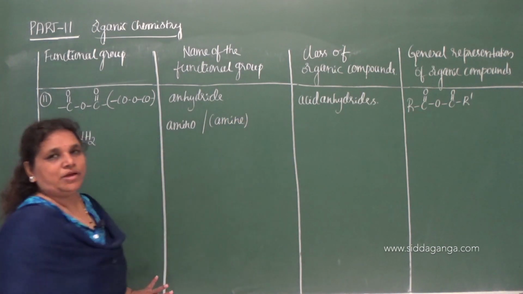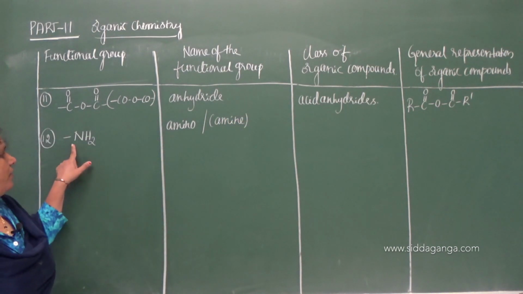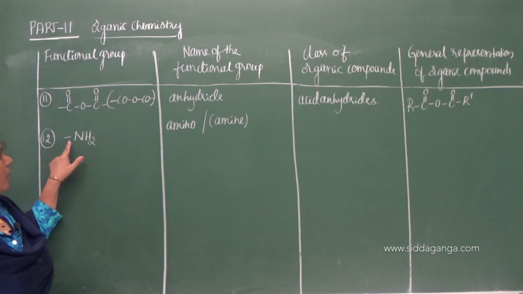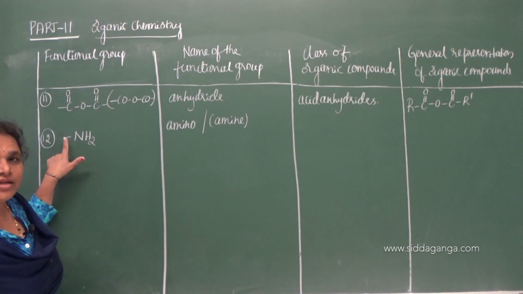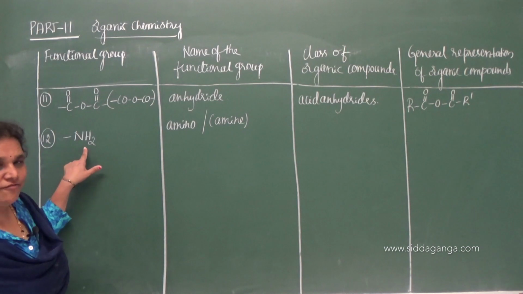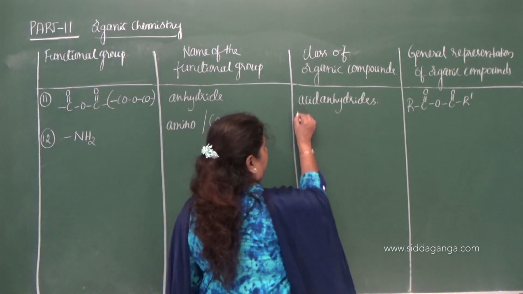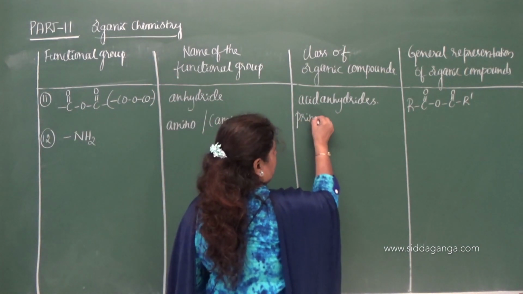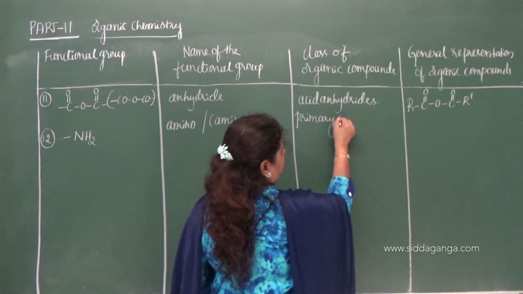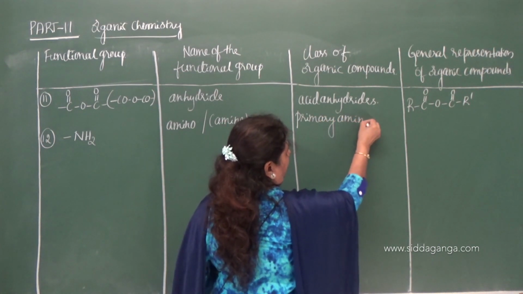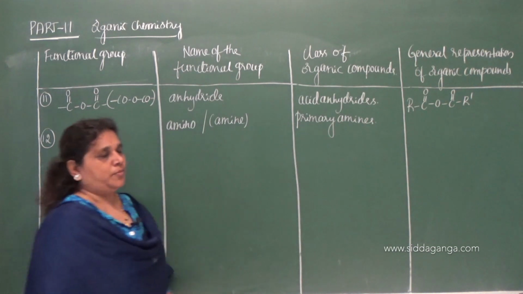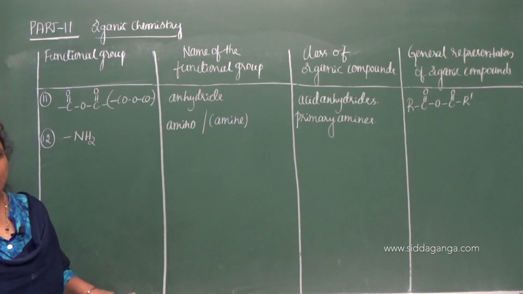When the NH2 group is there, only one valency of the nitrogen is left vacant, so you can call it primary amines. The class of organic compounds here we can write as primary amines.